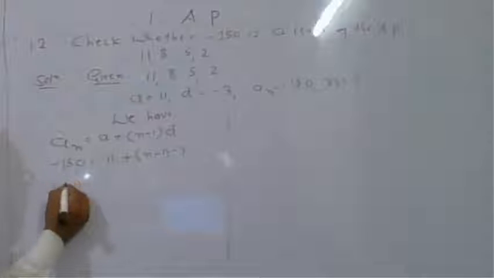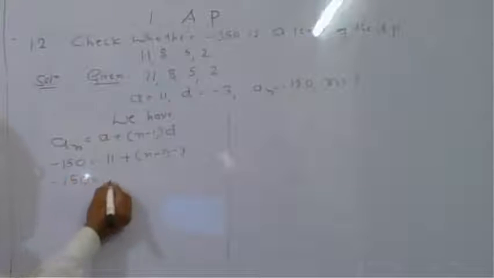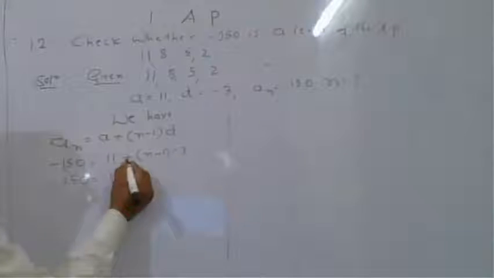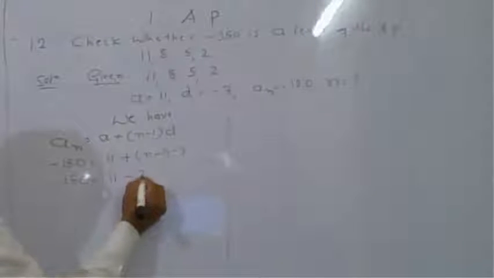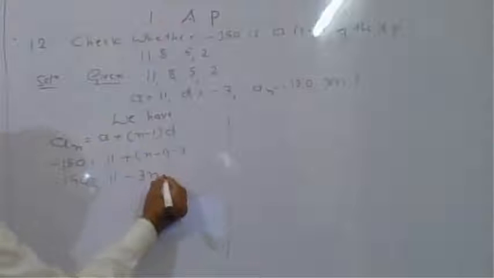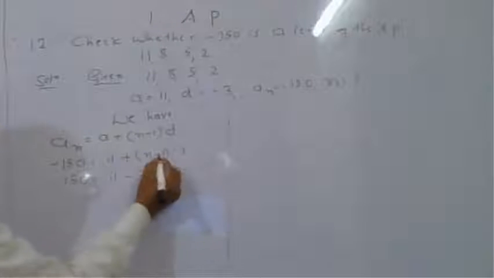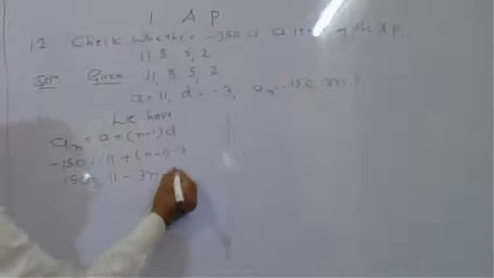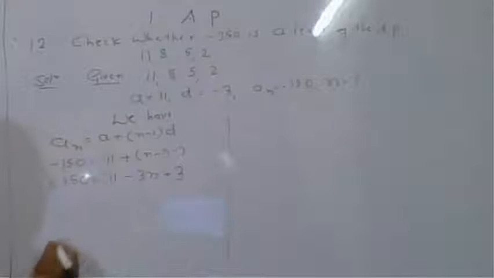Remove the bracket. Plus into minus is minus, 3 into n is 3n. Plus into minus into minus, plus 3. Carefully.